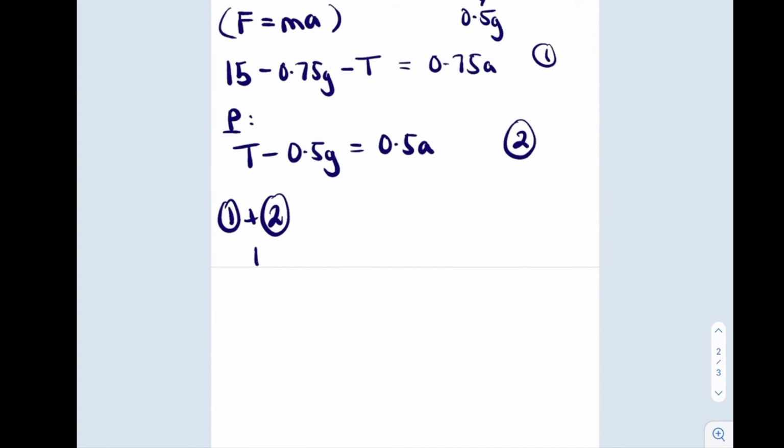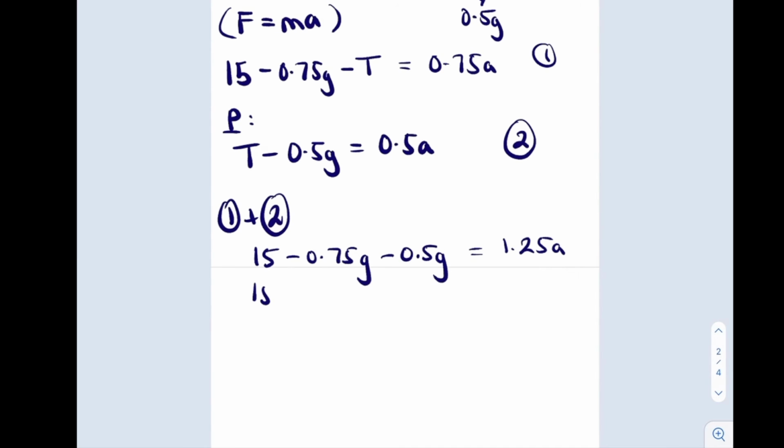So add them together, 15 minus 0.75 g. So we would have a minus T, but I'm going to plus T to cancel, and I've got my minus 0.5 g, will give me 1.25 a. So I'm going to use g is equal to 10 in this case.